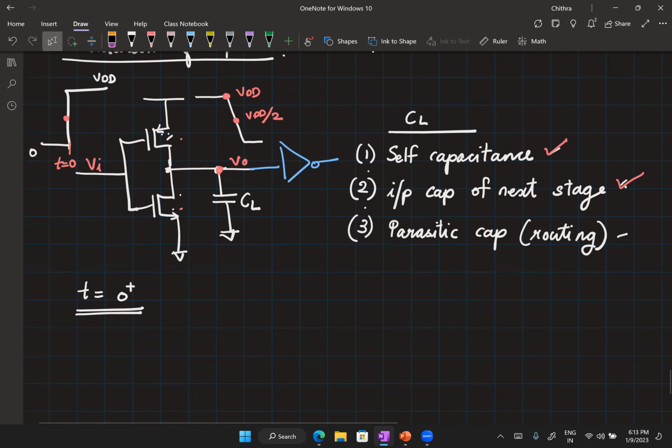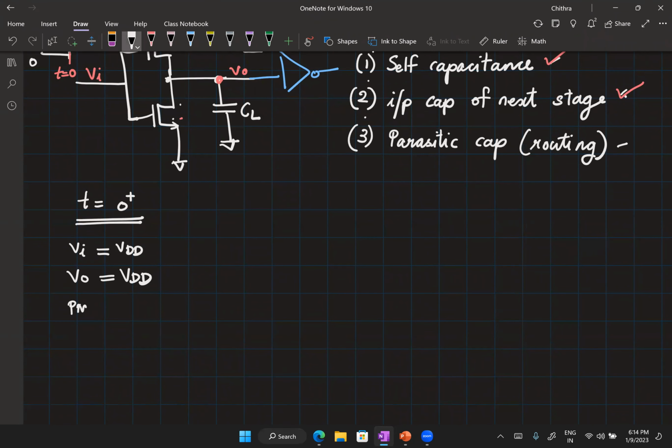What is the value of input Vi? VDD, right? Output? VDD, because it is yet to start decreasing.